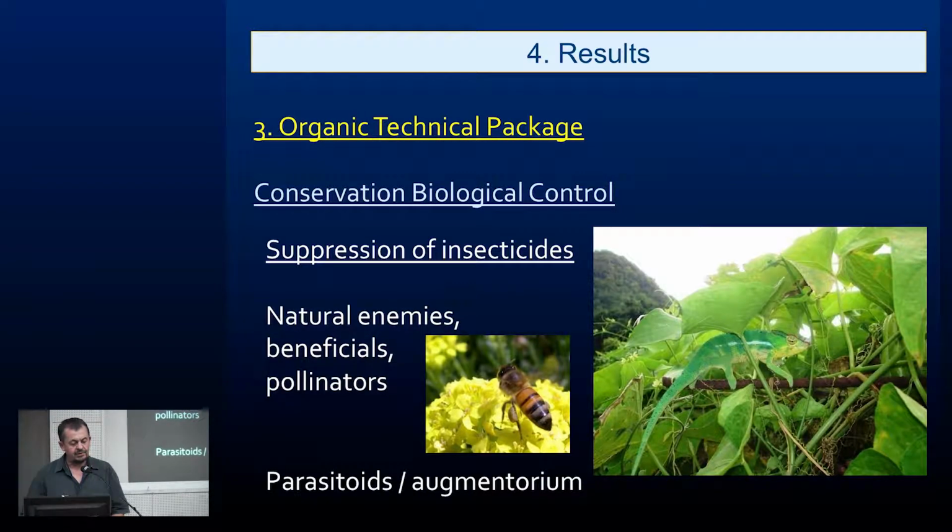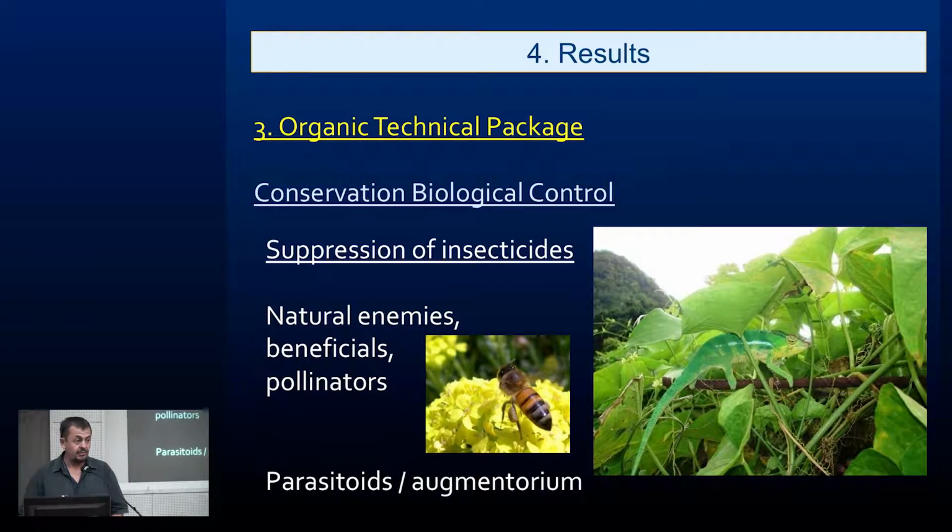The same thing for the suppression of insecticide. As soon as we suppress insecticide, we have a comeback of natural enemies, but also other groups such as pollinators, and also not only insects, but as you can see on the slide, we have the comeback of chameleons. Chameleons in Réunion Island are very important. It's a symbol of this island, and it means it's an ecological context.